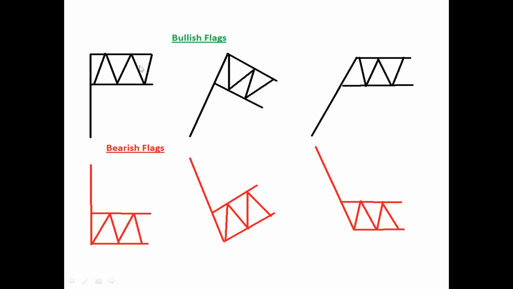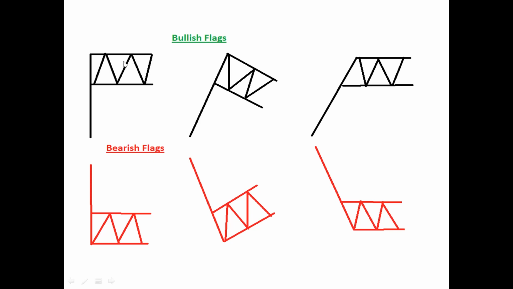So we have an impulse up move with increased volume, and then the market consolidates and a breakout happens when the price breaks above this line, right?